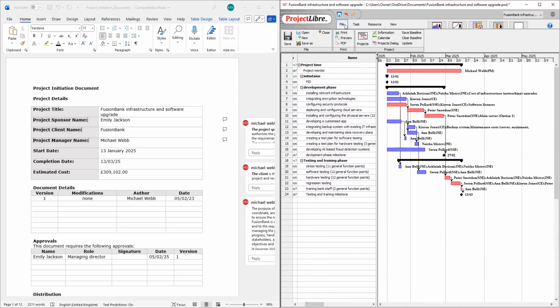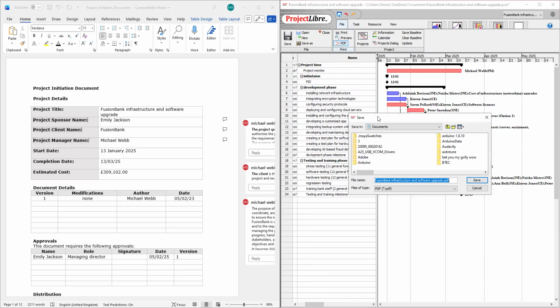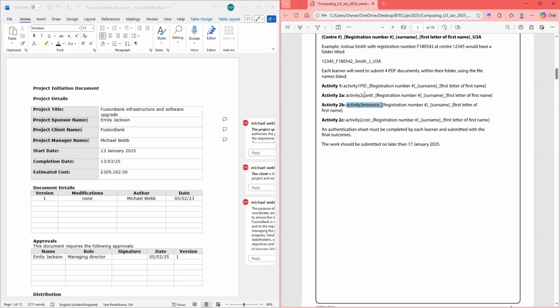So I go to File, PDF, and I am going to use the same format here.